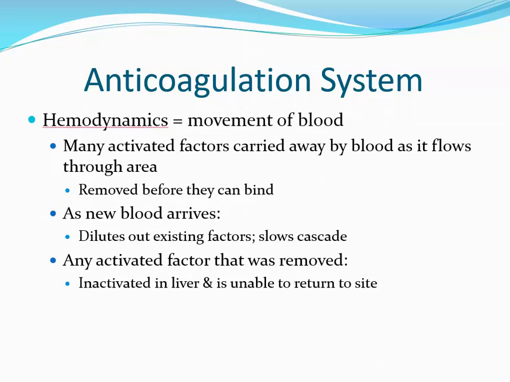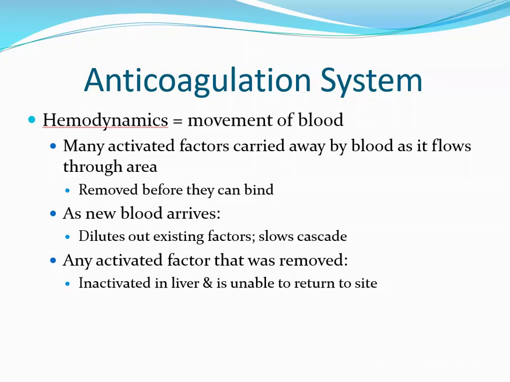First, hemodynamics, or the movement of blood. Many activated factors will be carried away by the blood before they have a chance to bind to the surface receptors or activate other factors. So essentially they're removed and flushed out of the system as the blood is passing through. Now you may say, well, can't they just travel through the body and come back and do their job?